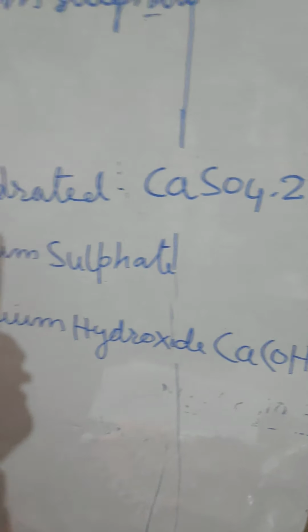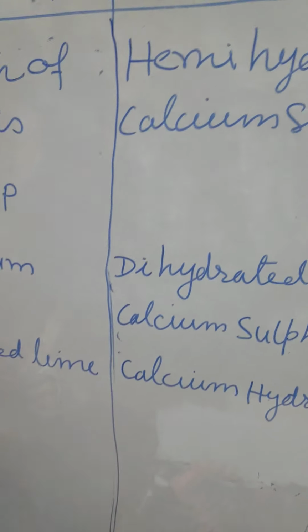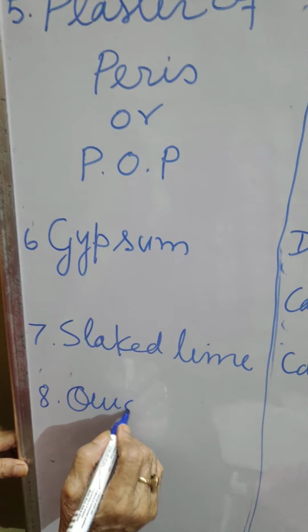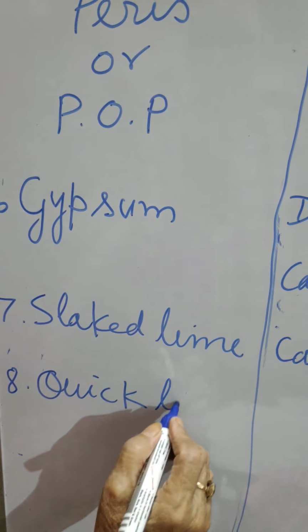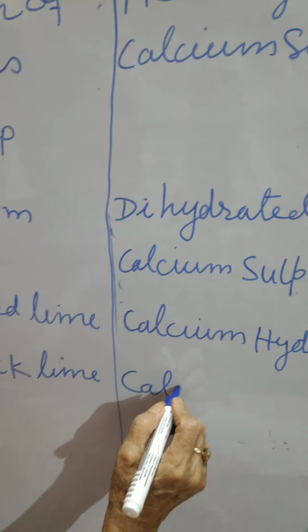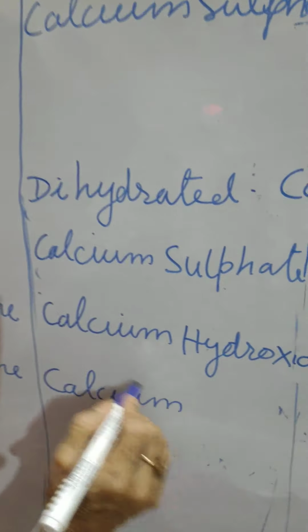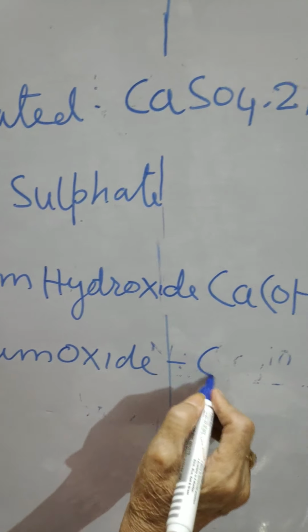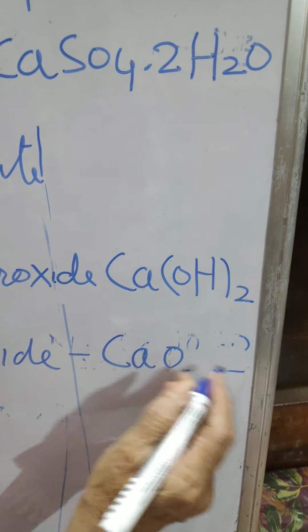Now the eighth one is quicklime, that is calcium oxide. Formula is CaO.